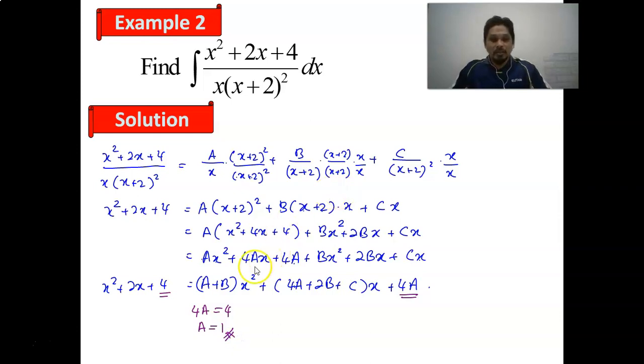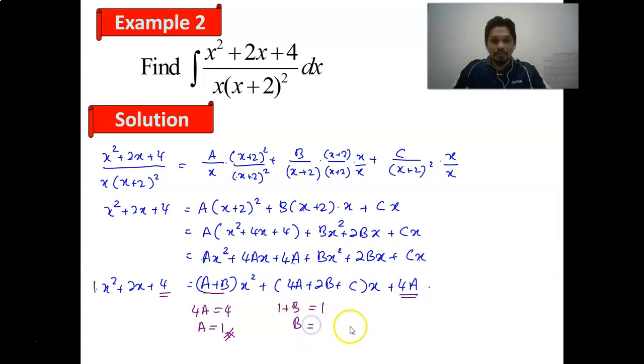Next, we already got the value of a here. So look at this one, a plus b, where a equals 1. 1 plus b equals the coefficient of x squared, which is 1 here.